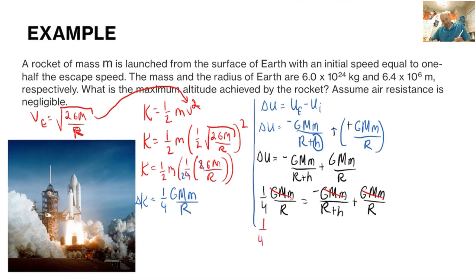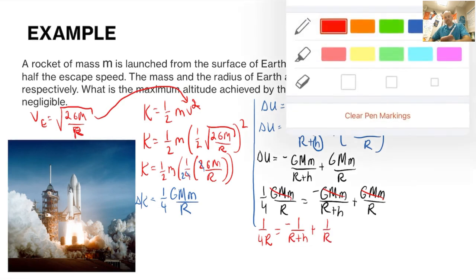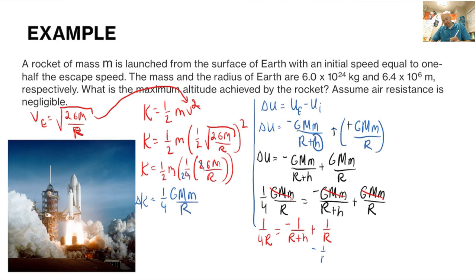Okay, so this becomes 1/4R equals negative 1/(R plus H) plus 1/R. All right, subtract 1/R from both sides, and you end up with negative 4/5R equals negative 1/(R plus H).